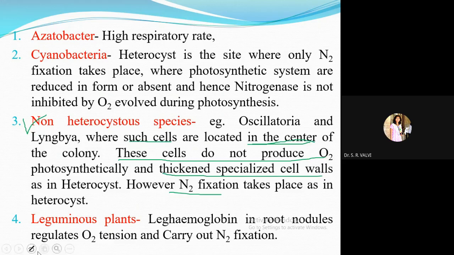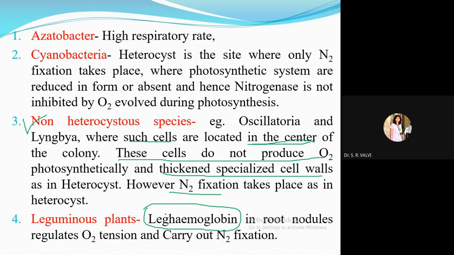And come to the last point, leguminous plants. Leghemoglobin is a very important protein, right? So hemoglobin is present in our body.